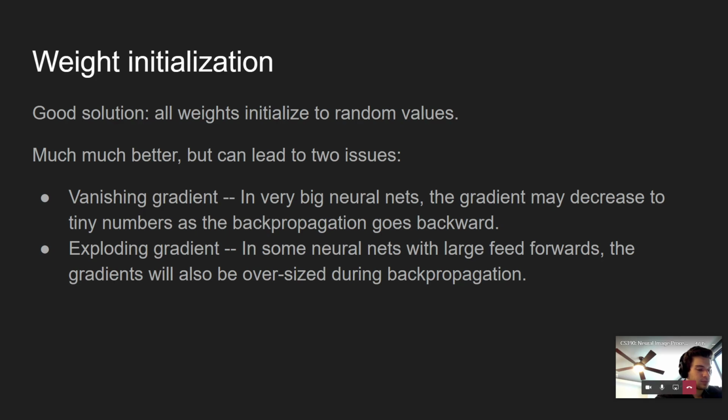It gets so small that it can't change anything, or it might even go past floating point's ability to model it effectively. And the other thing is exploding gradient. In some networks with very large feed forwards, this same thing can happen the other way. We're not going to go into too much of why this happens at this point in the class, but it's worth knowing these exist, and just having random initializations will exacerbate the problem.